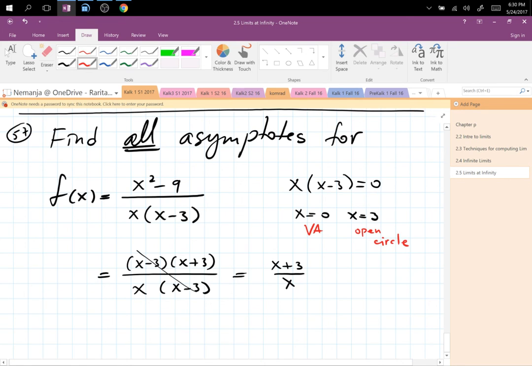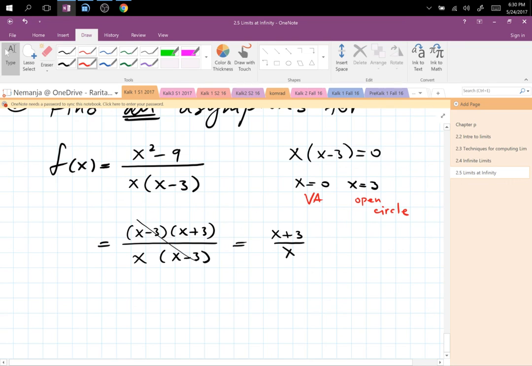Now we do have proof for that. If the problem says prove, then you will crank the limit. So we found the vertical asymptote already. And we also have the horizontal asymptote, where the limit as x goes to infinity of x plus 3 over x, which we solve by quickly dividing everywhere by x.